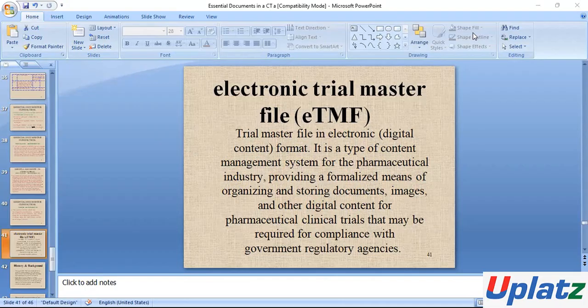The size and complexity of a TMF is in direct proportion to the length and complexity of the trial. The TMF is actively built during a trial and must be maintained during post-trial period for possible regulatory agency inspection, right? So traditionally, the TMF content names and requirements vary from sponsor to sponsor.